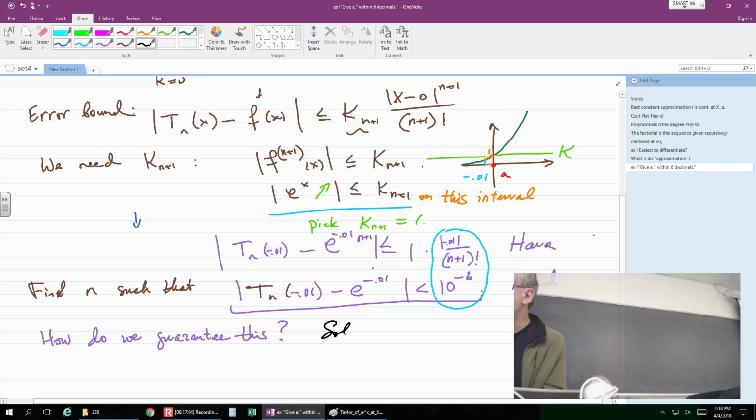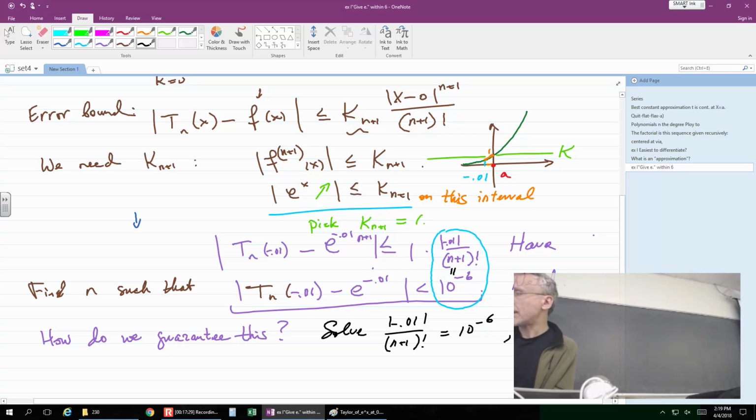So solve the equation. Once again, this is the equation that I'm talking about. These two are equal to each other. So the absolute value of negative 0.01 to the power divided by n plus 1 factorial is equal to 10 to the negative 6. This is just an equation, so we solve it for n. Let me rewrite it.